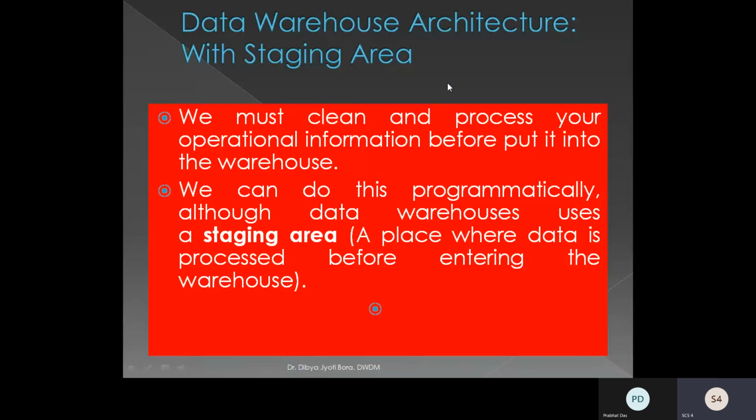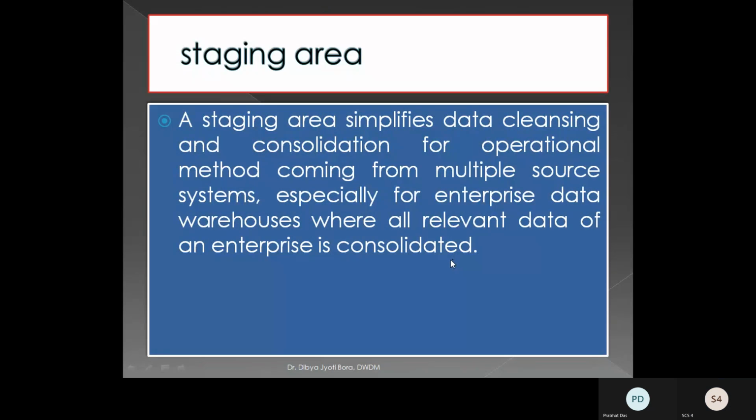ठीक है, जो कि पहला जो बेसिक आर्किटेक्चर था उसमें ये प्रेजेंट नहीं था, राइट? So we can do this programmatically in the data warehouse using a staging area, a place where data is processed before entering the warehouse. ओके, स्टैगिंग एरिया में हम पुट करेंगे जो भी प्री प्रोसेस करना होगा, उसके बाद ही जो रिफाइंड डाटा होगा वो ही हम जाके डाटा वेयरहाउस में पुट करेंगे. So staging area, a very important term.